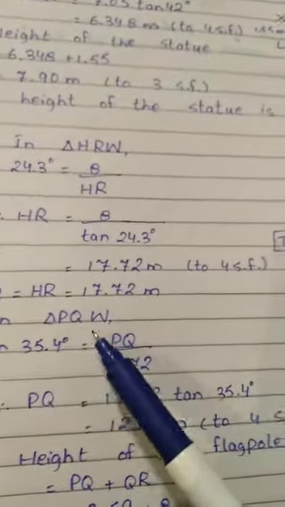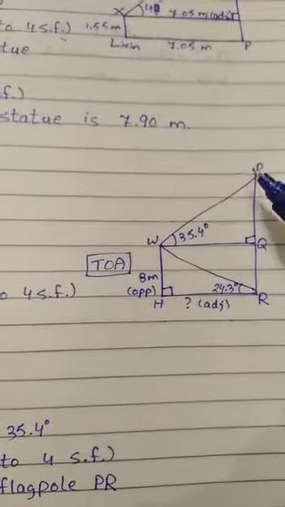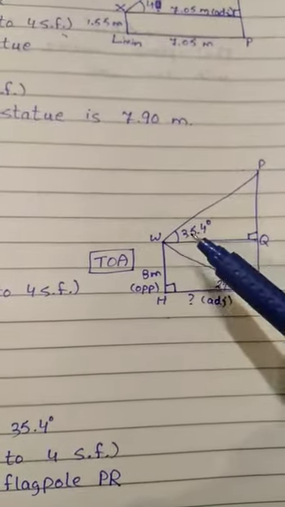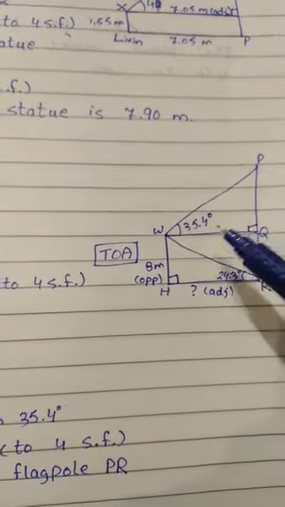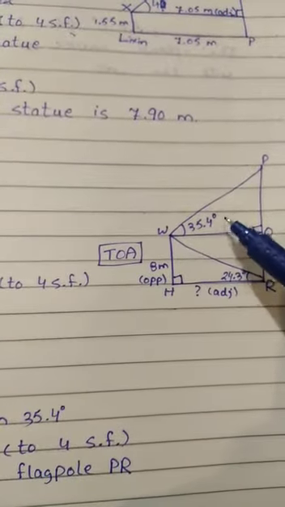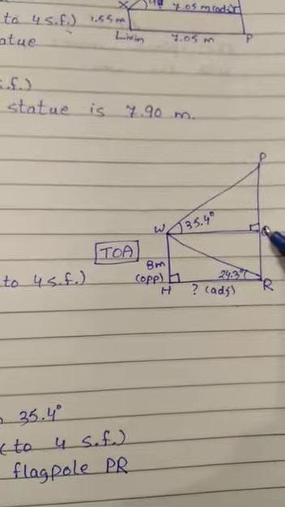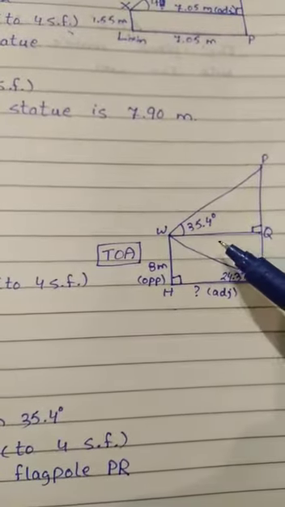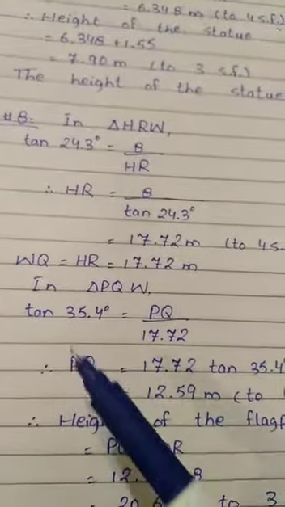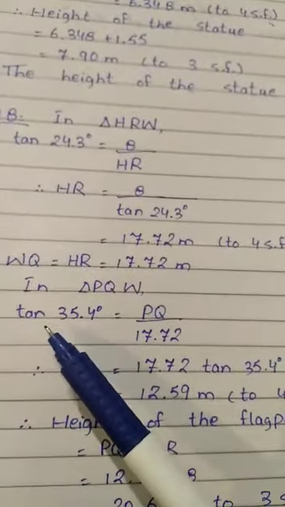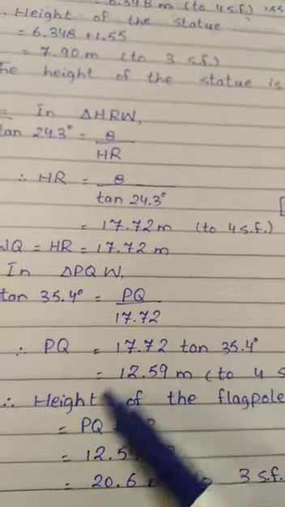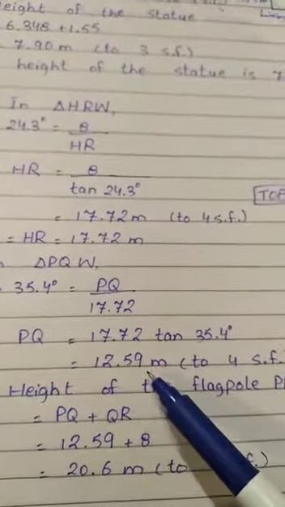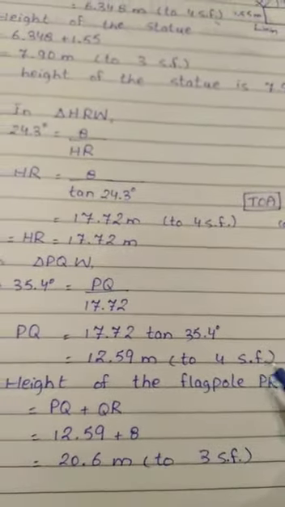Now we will take triangle PQW. We have the adjacent side and the angle 35.4 degrees, and you are supposed to find the length of PQ. If you have the adjacent side and the opposite side, which formula will you use? Again you will use the tan formula, TOA. Tan 35.4 equals PQ over 17.72 and then we get PQ length 12.59 meters to 4 significant figures.